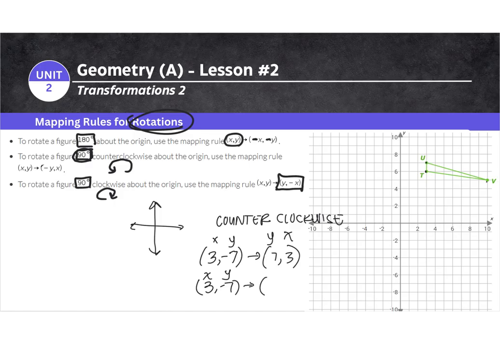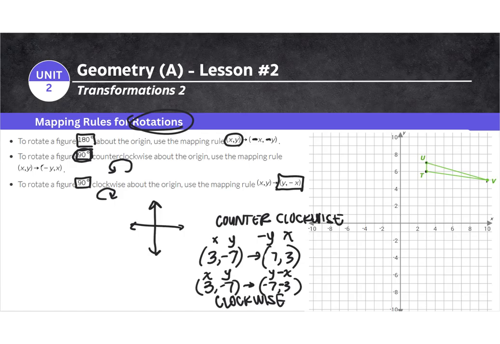You're going to flip it so that it's -7, 3, right? And then you need to make your X term the opposite sign. So it goes from a +3 to a -3. So that's an example of the clockwise rotation.